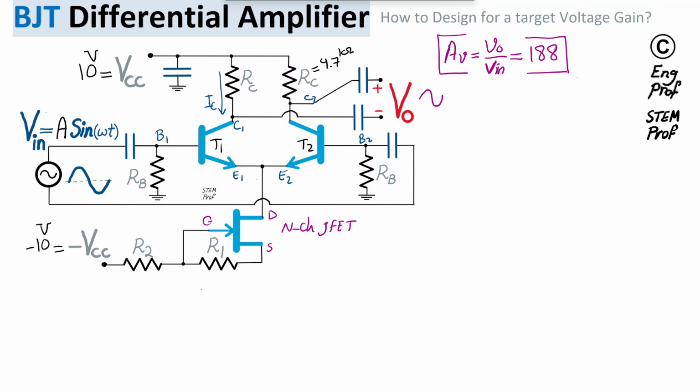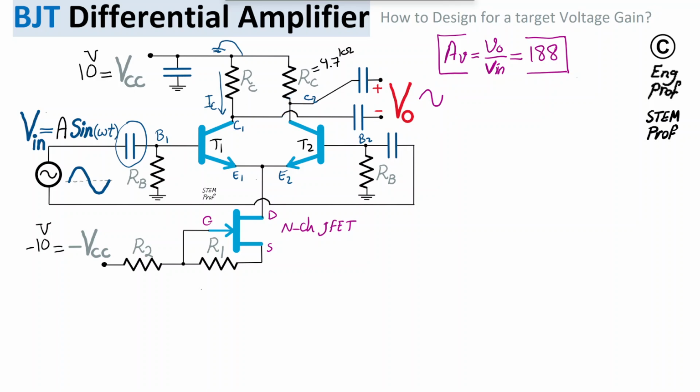So effectively for our analysis, we are assuming that these two decoupling caps are shorted at the AC signal frequency of interest, and of course the bypass caps are also shorted, so it means that from an AC standpoint, this point is effectively AC ground. So that's the meaning of the bypass cap here. The same thing about the decoupling caps here. They decouple the output. We will feel at the output only the sinusoidal voltage, and we don't feel the DC voltages at the collector of these two transistors.